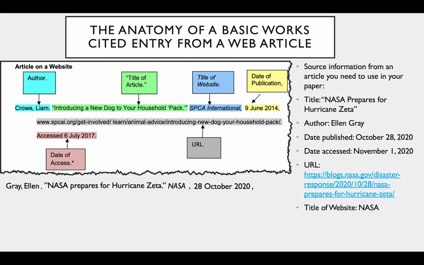The next thing is the URL, and please notice the URL in the example above in gray does not include the https://. You delete all of that because most websites have it and it's just excess. Start with what is after the HTTPS. In the example in gray above, there is a www.